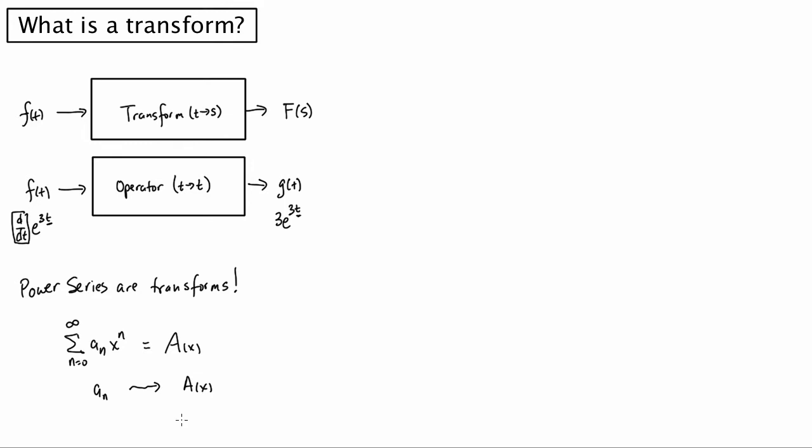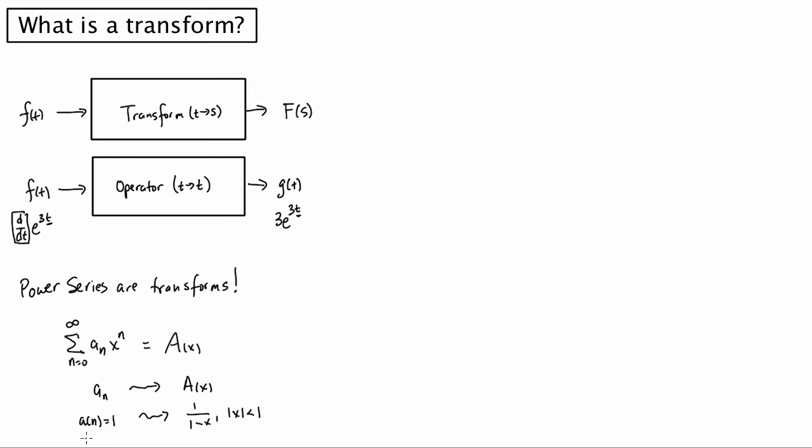For example, let's suppose we used the function a of n equal to 1. Then if you plug 1 in for the coefficients, that leads to the sum 1 over 1 minus x. And this is only valid for the absolute value of x less than 1 because this is the geometric series when all the coefficients are 1.